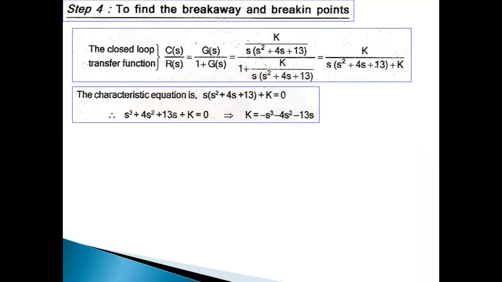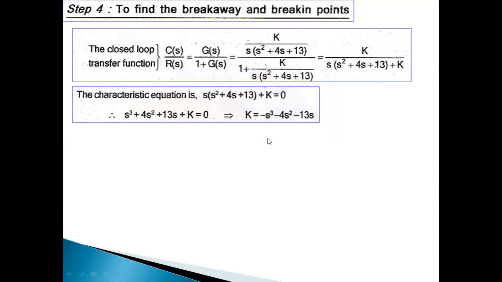Here the characteristic equation means the denominator polynomial of the closed loop transfer function, that is s cube plus 4s squared plus 13s plus k is equal to 0.